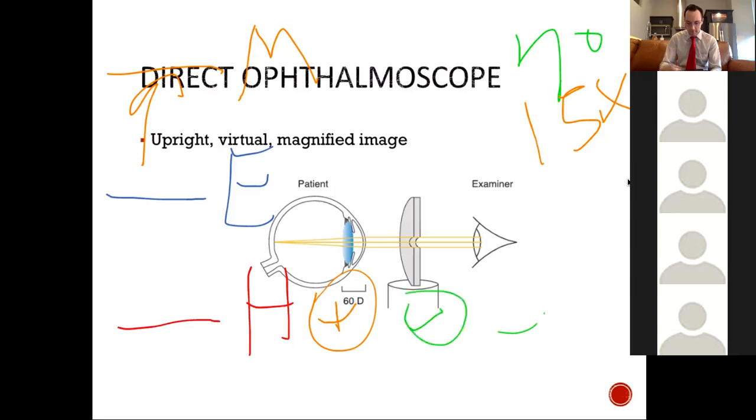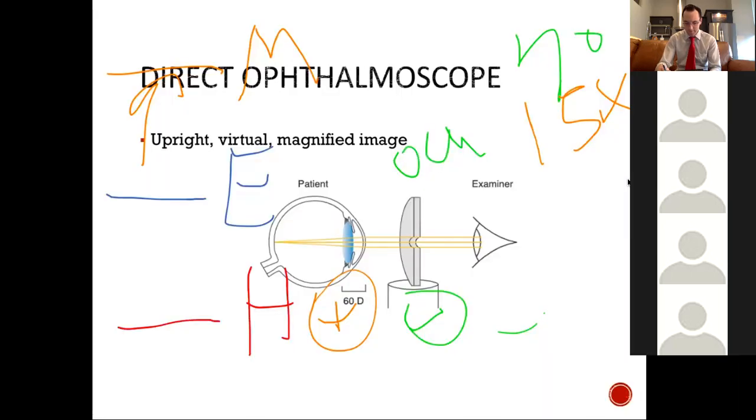Put it right here, okay? That's a minus. And so we will treat the direct ophthalmoscope as the ocular, okay? Oops, sorry about that, guys. And we will treat our patient as the objective, okay?